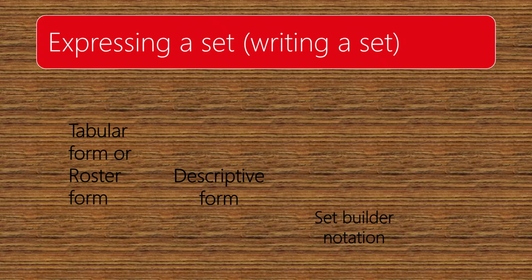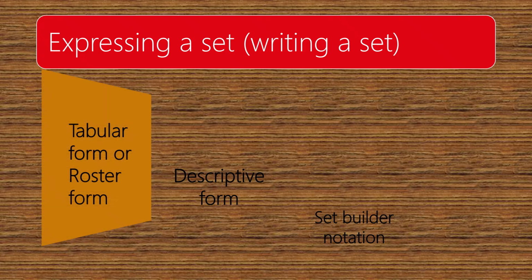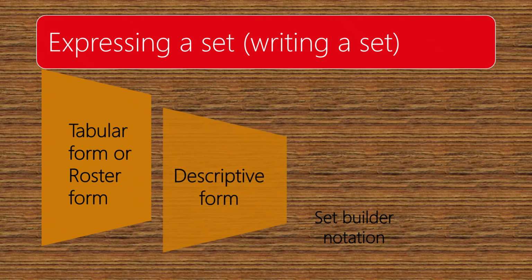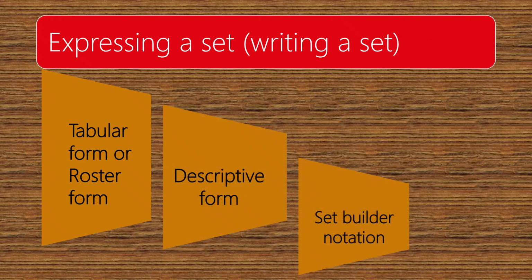Now let's move on to the main topic of expressing a set. It means how we can write a set. We can write a set in three ways. Number one is the tabular form or roster form. Then we have the descriptive form. And then we have the set builder notation form. Now let's understand the difference between writing a set in tabular form and descriptive form.